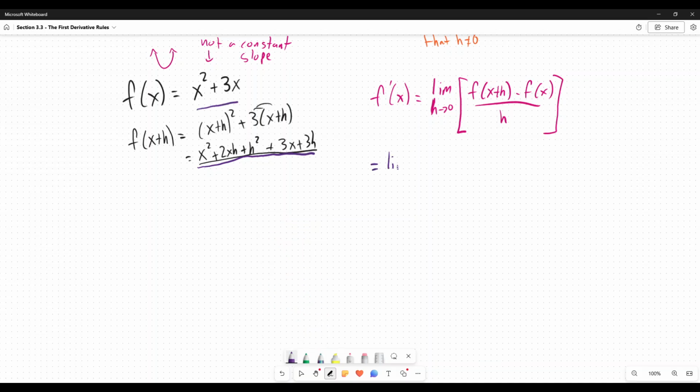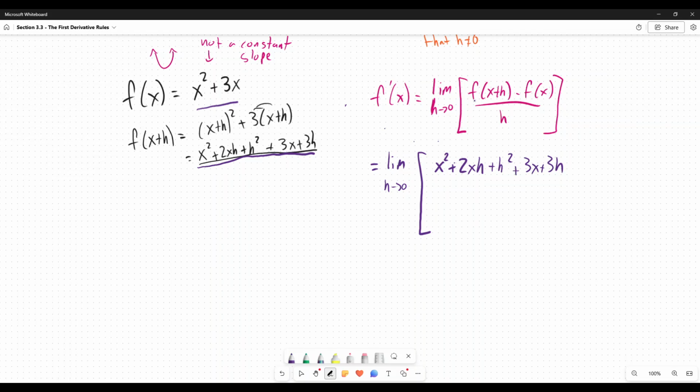So this is the limit as h approaches 0. Make sure to give yourself lots of room. This is going to be the limit of h approaching 0, x squared plus 2xh plus h squared plus 3x plus 3h.